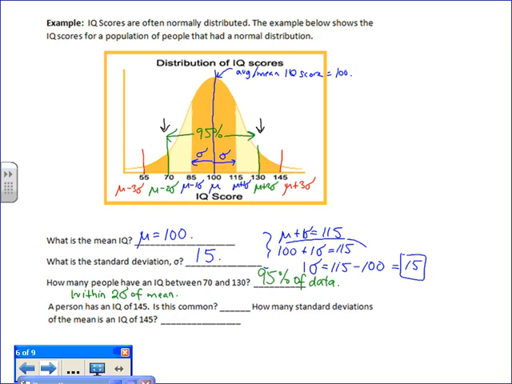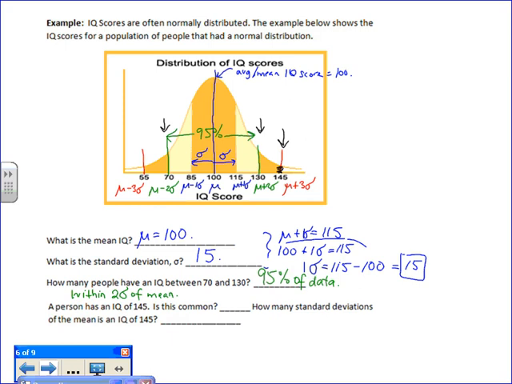Okay, a person has an IQ score of 145. Is this common? Well, let's find that. On the bell curve, 145 is right here. That is 3 standard deviations away from the mean. Okay, I can see that. And so 3 standard deviations from the mean is pretty far from the mean. And if you look at it, the number of people who have an IQ score of 145 are represented by the shaded area under that part of the curve.